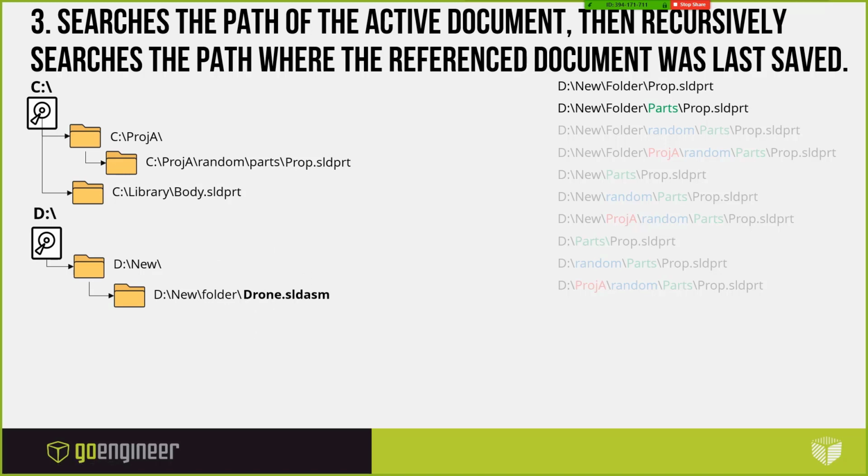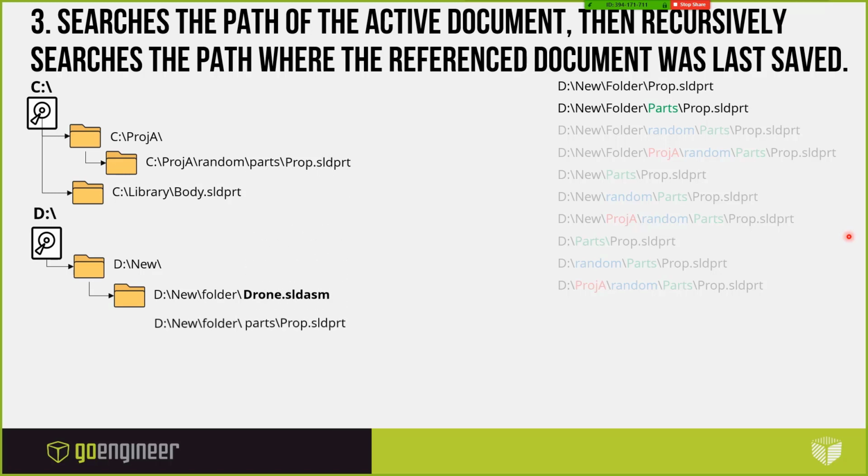Next, it's going to grab the parts folder. Actually, let me use a laser here. It's going to grab the parts folder, superpose it over the folder where the assembly exists, and then try to find prop. Essentially this.